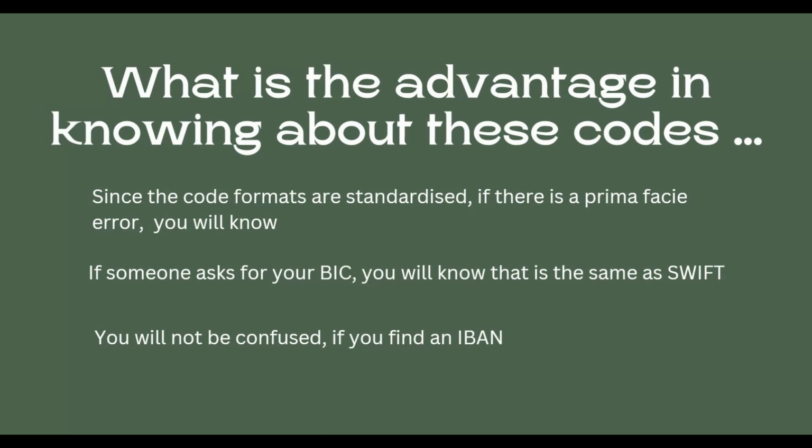If the fifth character has anything other than digit 0, you know that there is a problem. Any deviation from the structure is a problem. Same is the case with SWIFT. For IBAN, you know that the code structure could vary based on national standards. If someone asks you for BIC, now you know it is the same as SWIFT code.